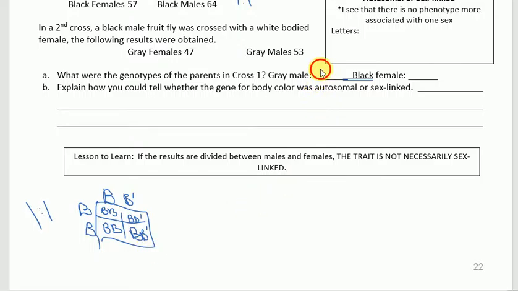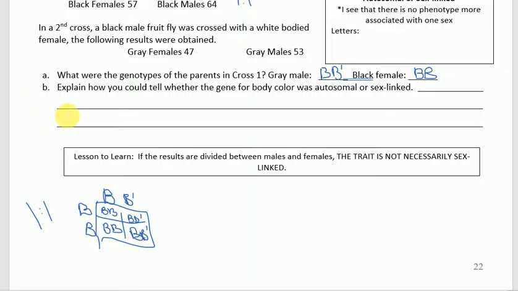So we know here that we're looking at B with B prime for the gray, and B for the black female. So explain how you could tell whether the gene for body color was autosomal or sex-linked.